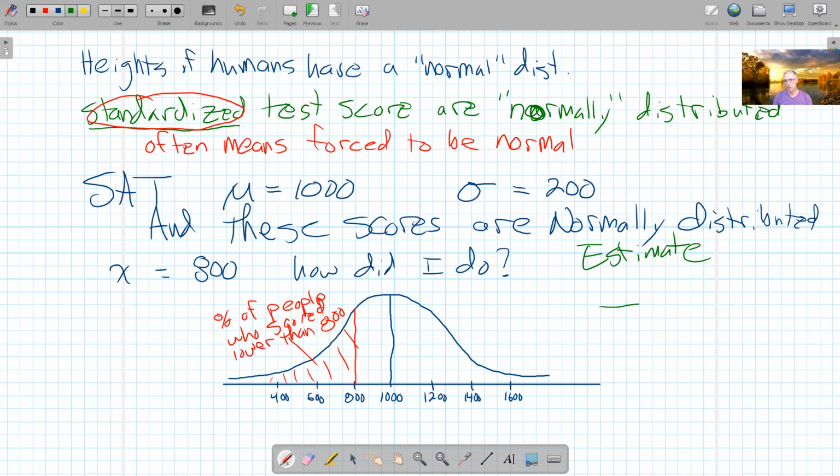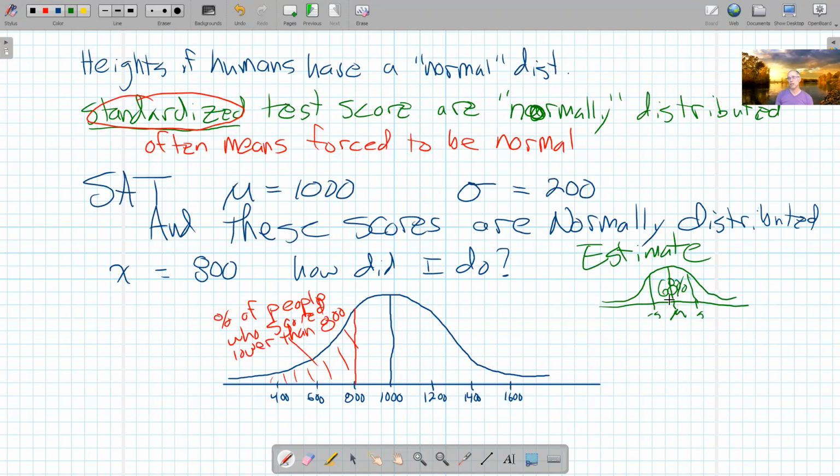So the way I would estimate this is thinking about the empirical rule. If this is the mean, mu, and this is one standard deviation below and one standard deviation above, the empirical rule said that 68% of values should be within that range.